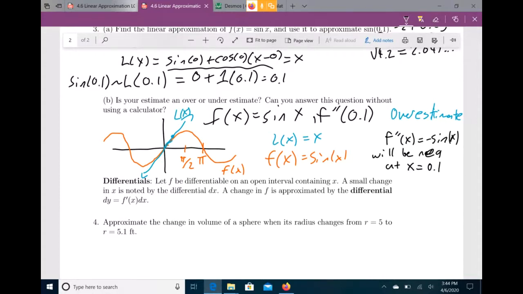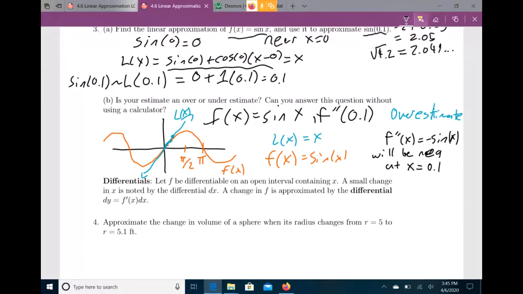So if I'm measuring the sides of a box, and I know that my measurement has some error associated with it, maybe plus or minus 0.1 centimeters, how does that translate to the error in my measurement for the total volume of the box or something like that?